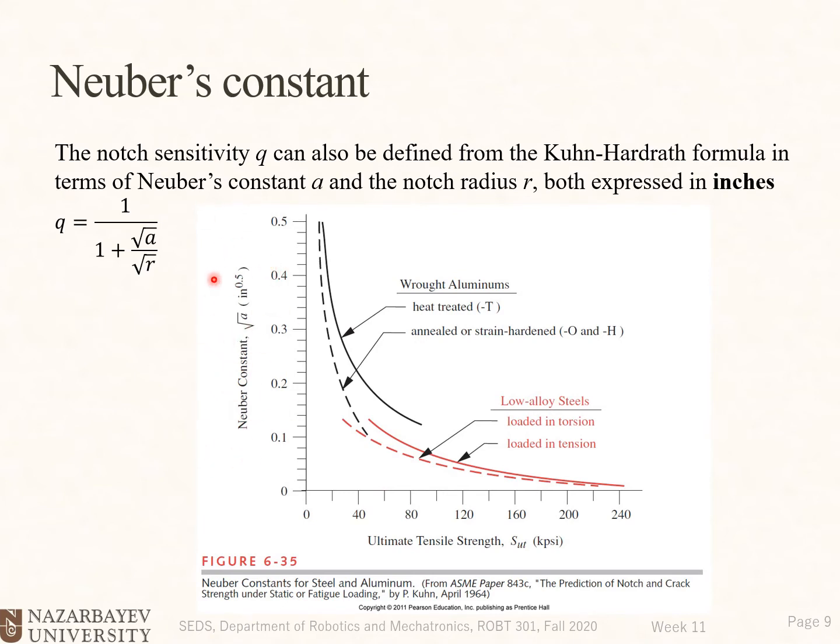And then once we have the Neuber constant and we have the notch radius R, then we could calculate the notch sensitivity factor Q, and then we could find the fatigue stress concentration factor.